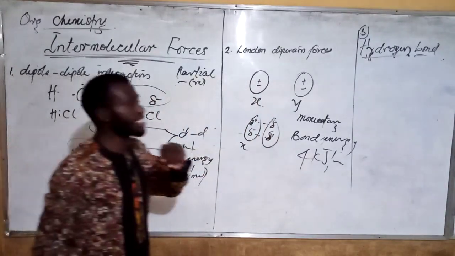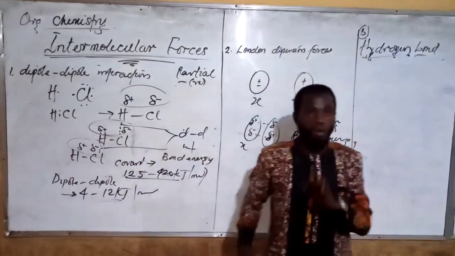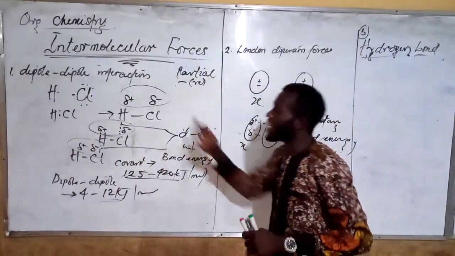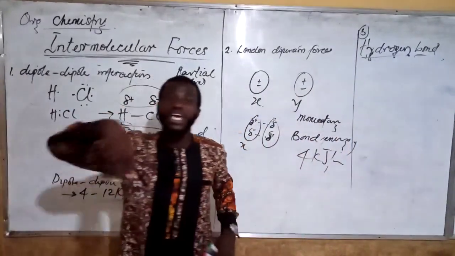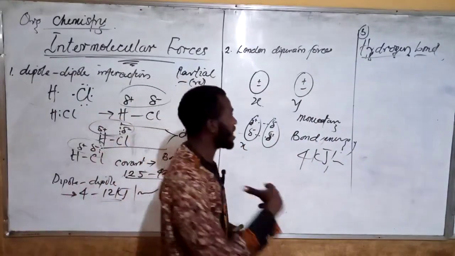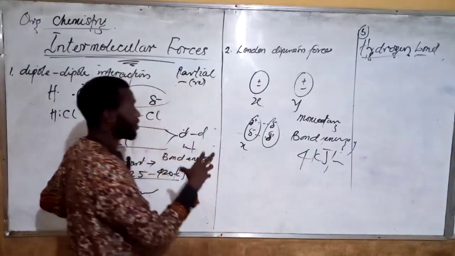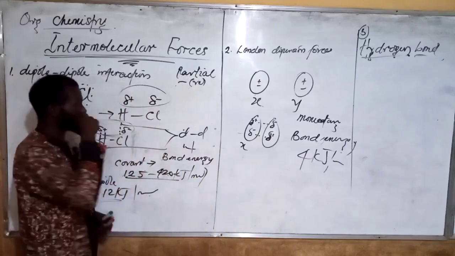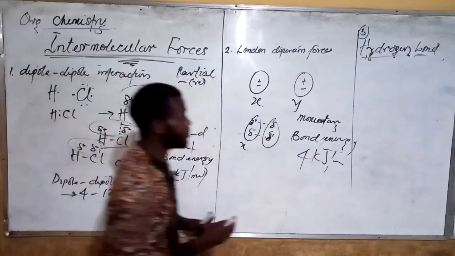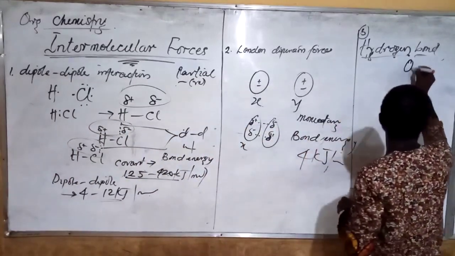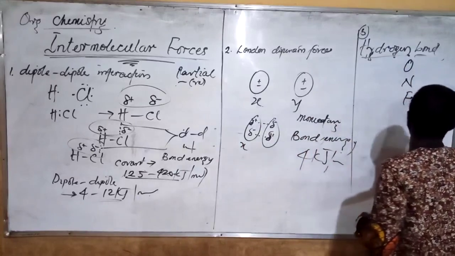But the difference is that hydrogen bond only occurs when hydrogen is bonded to any of these very electronegative atoms, such as oxygen, nitrogen, and fluorine.